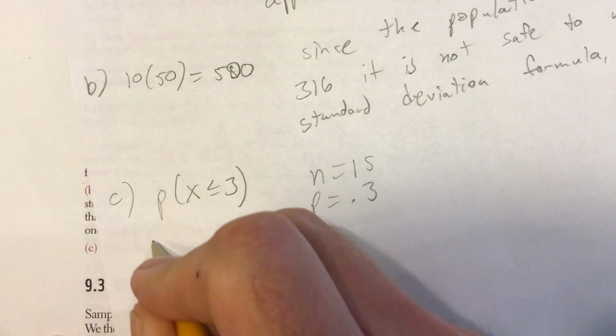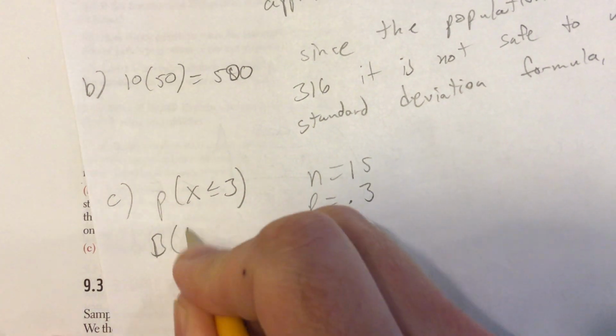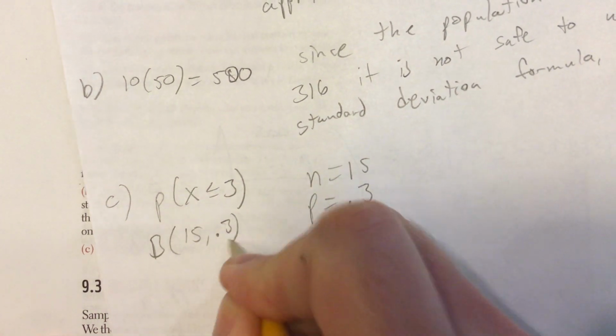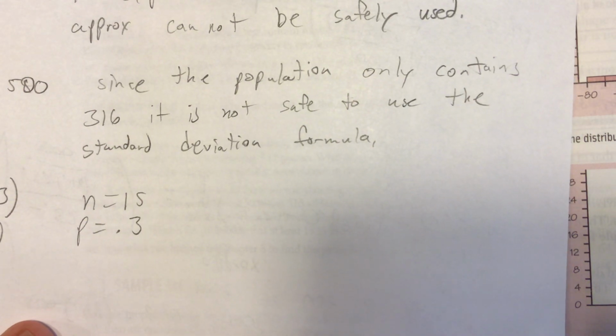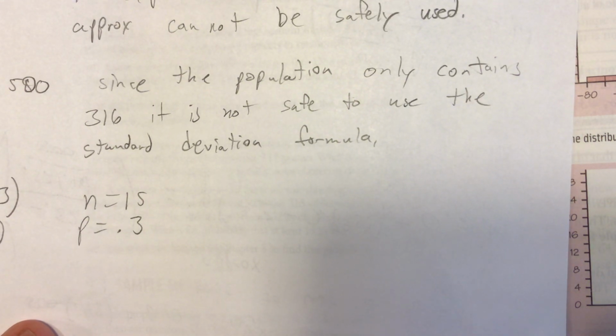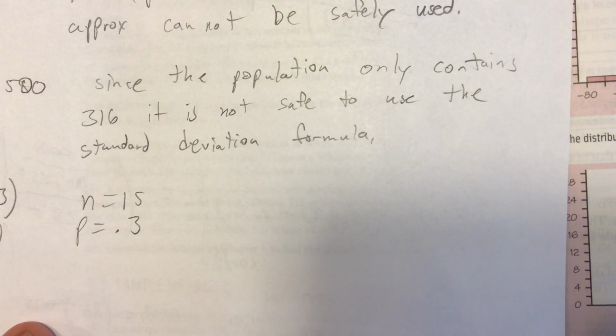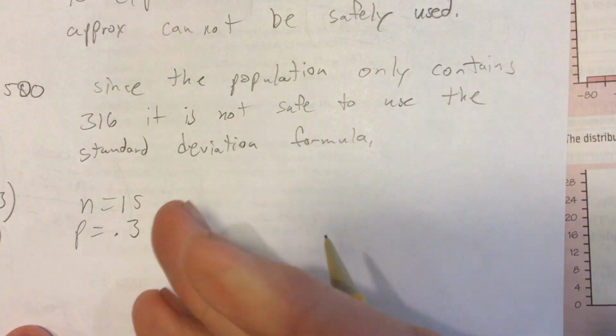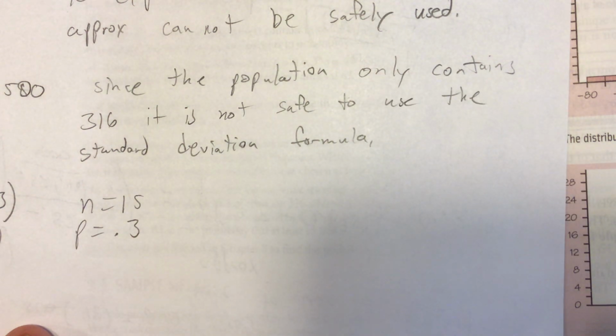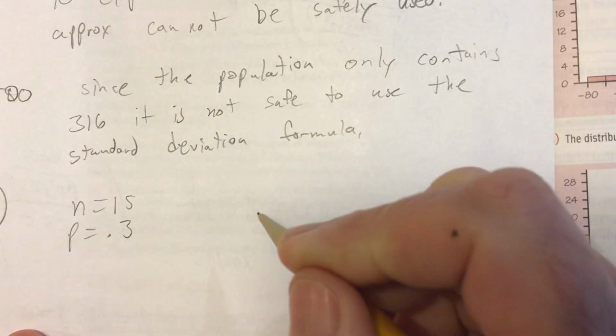I guess we should state binomial. All right. And this, by the way, is what's going to happen on the AP exam. There's going to be times when you can't use the normal approximation. So you just have to know, hey, I failed these requirements, but I can still do the problem. And not only that, I can do it more accurately using binomial.